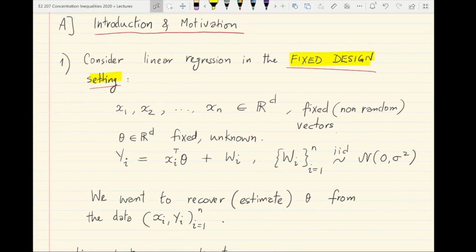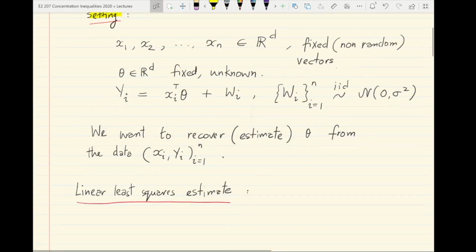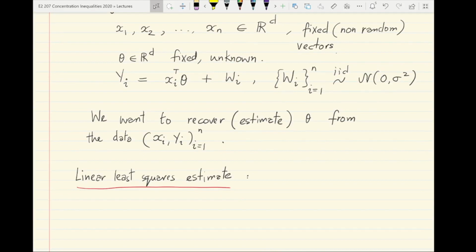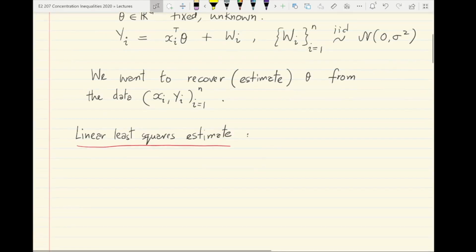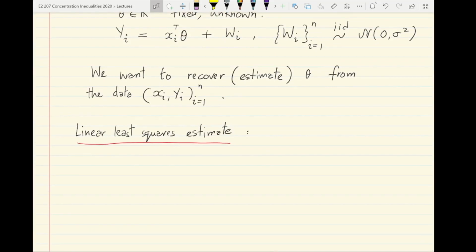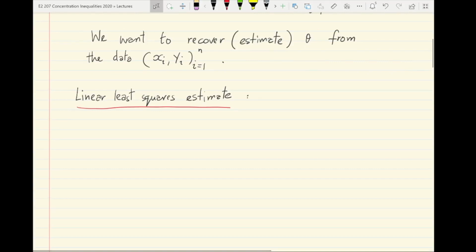Okay, so this is the standard regression problem with additive Gaussian noise, and the most natural way to estimate theta is what is called least squares regression or linear least squares estimation. So linear least squares estimation is solving the following optimization problem.